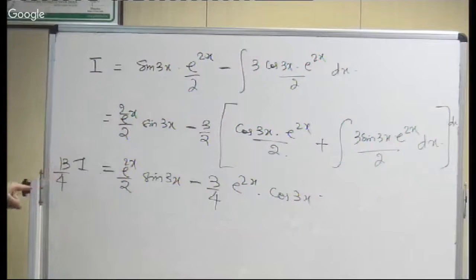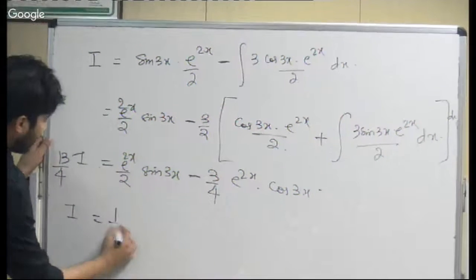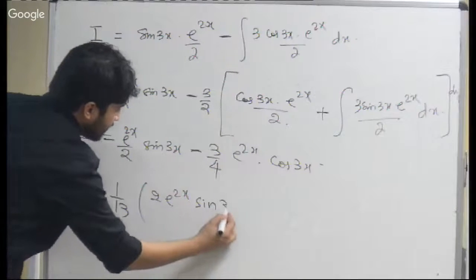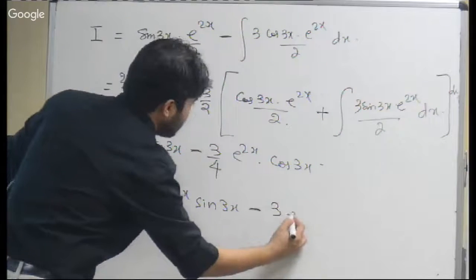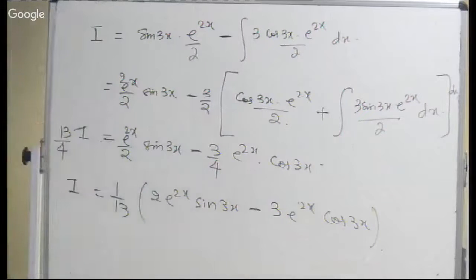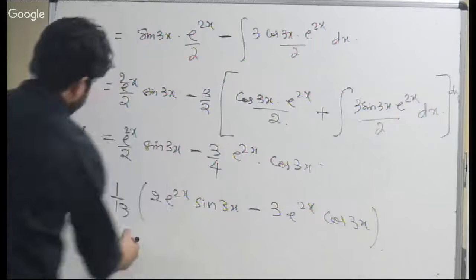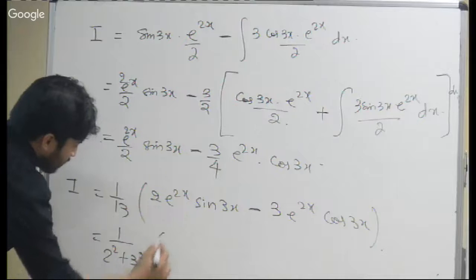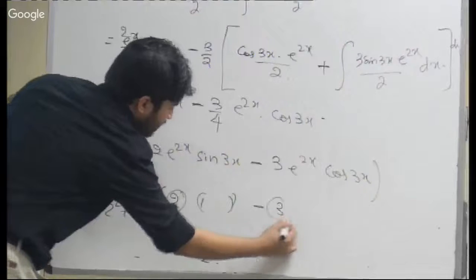I can say this. So my I becomes 1 by 13 into 2 e^2x sine 3x minus 3 e^2x cos 3x. I got something like 1 upon 2 square plus 3 square into 2, same thing, minus 3, same thing.